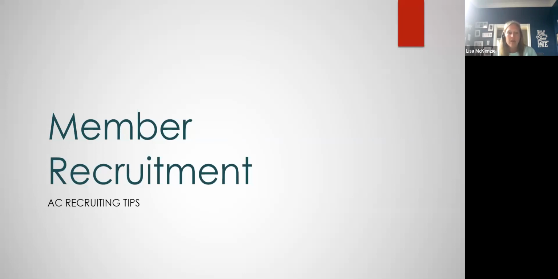The one thing that I want to note is that immediate family members of your center staff may not be advisory council members. This would be a conflict of interest. And then also, what a lot of people forget is that if you have a parent who is also a staff member, they cannot serve as a parent representative on your council.